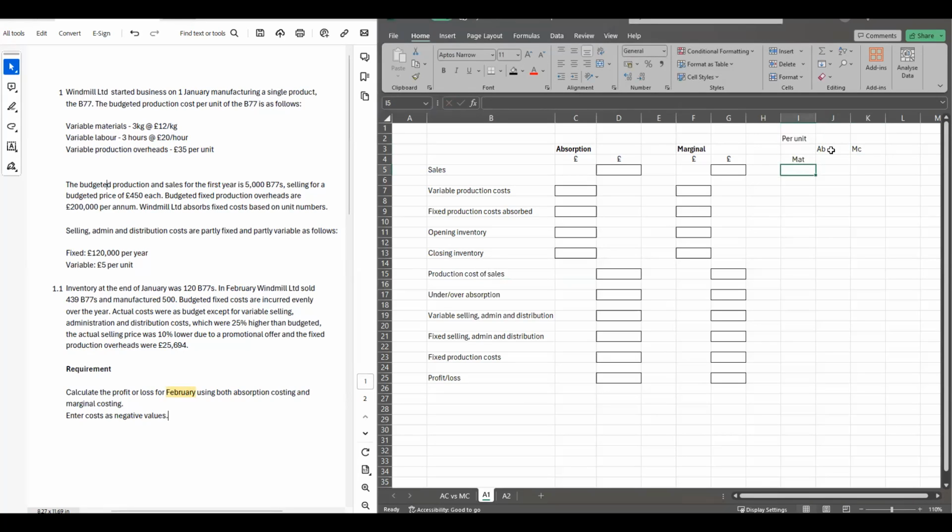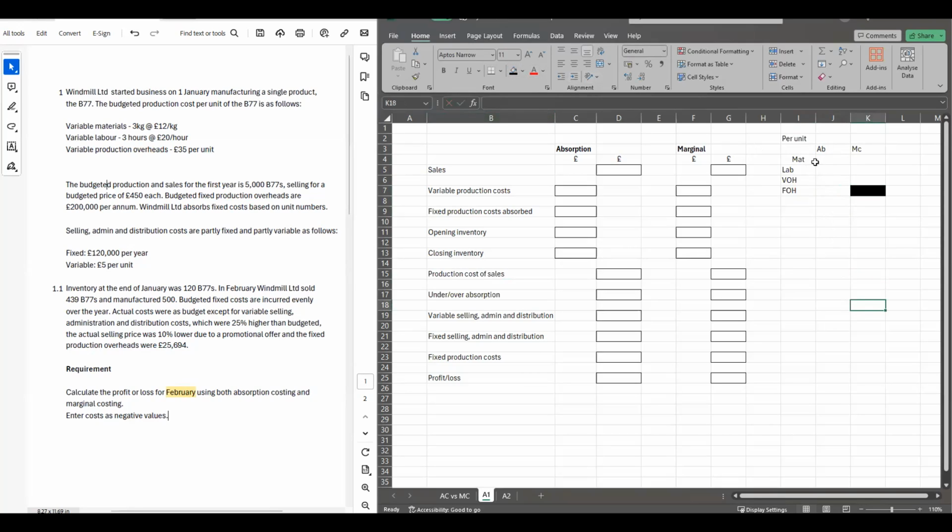So of course we're going to have material, labor, variable overheads, and then for our absorption costing only, as we discussed, we're going to have a fixed overhead, whereas marginal costing we will not.